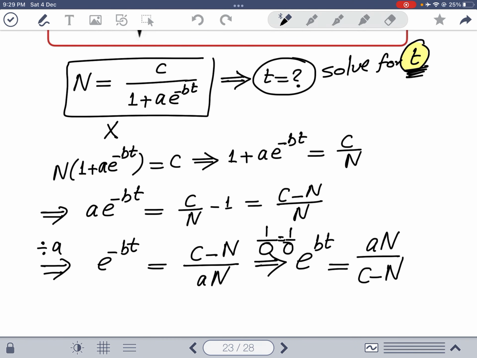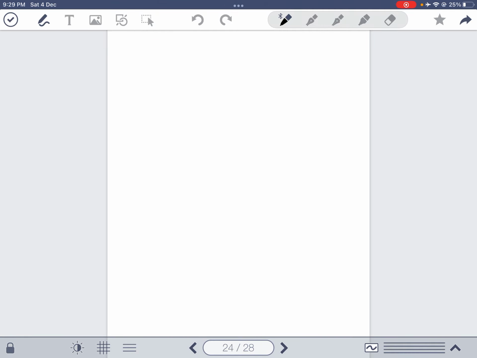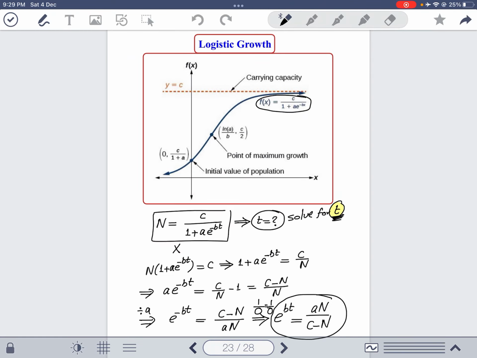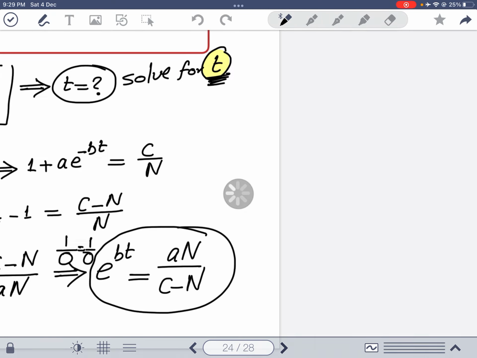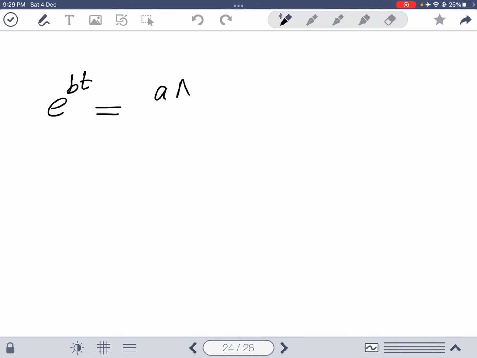Remember, we are clearing the way for t. At the end we need t. So e to the bt equals an over c minus n. And so apply ln now. Ln of this side equals ln of that side.